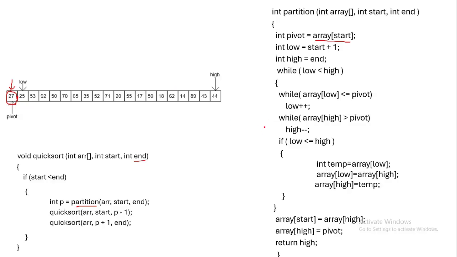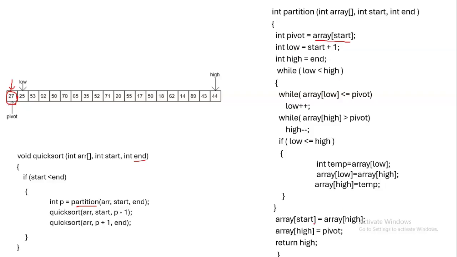Once we come out of that, we check whether high and low have crossed each other or not. If they have not crossed, we swap the element stored at a of low with the element stored at a of high.